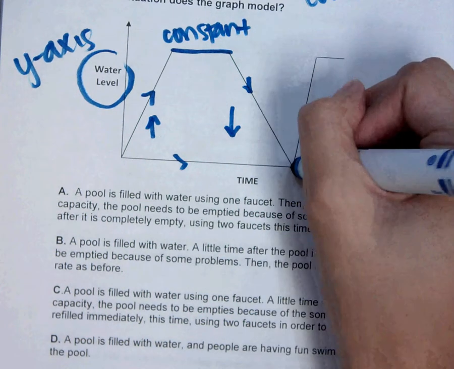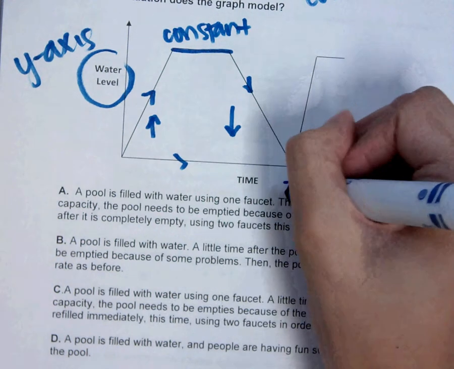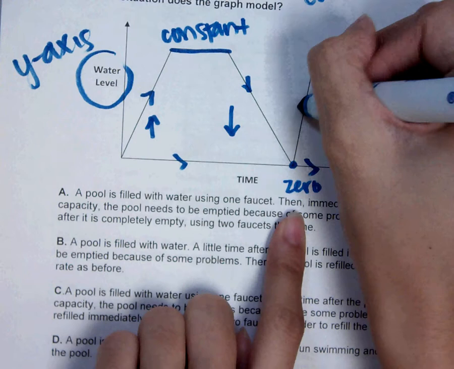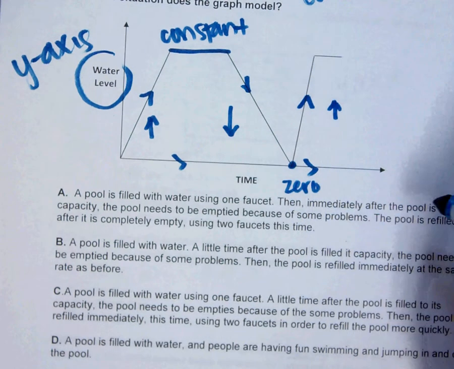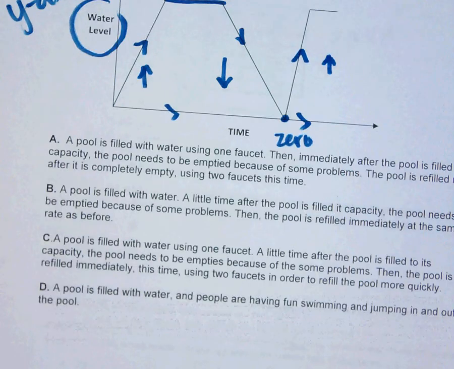For some reason, it reached this bottom, so it reached 0. Let's keep that in mind. This water level reached 0, and then it increased again. So when you read these options, which one would fit that graph?